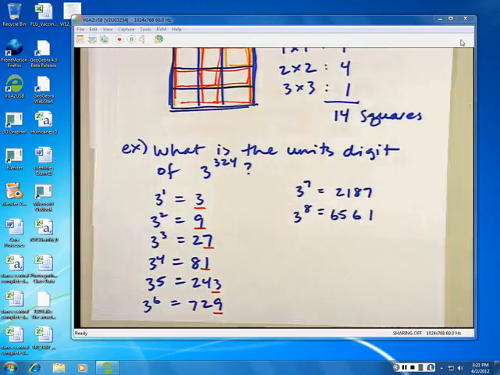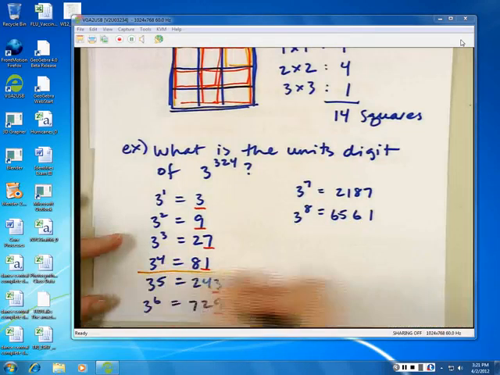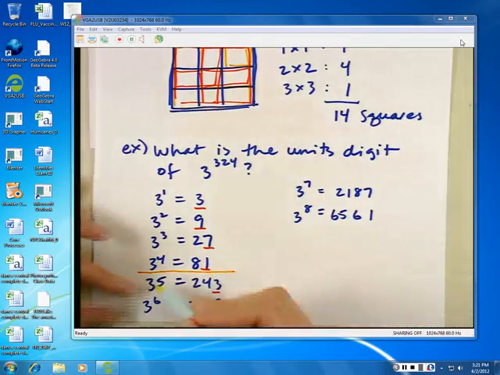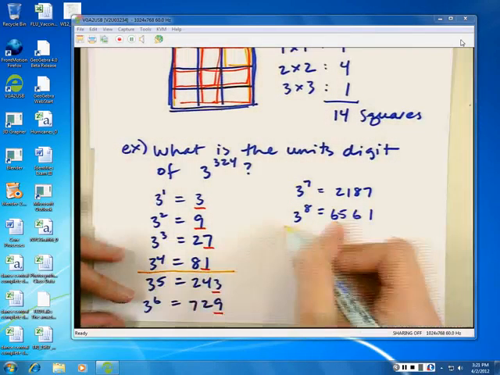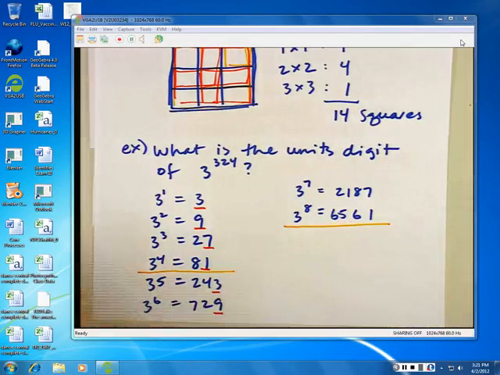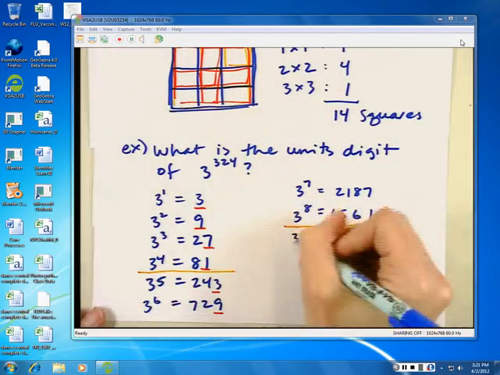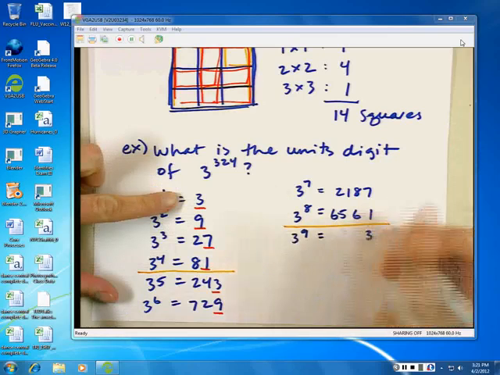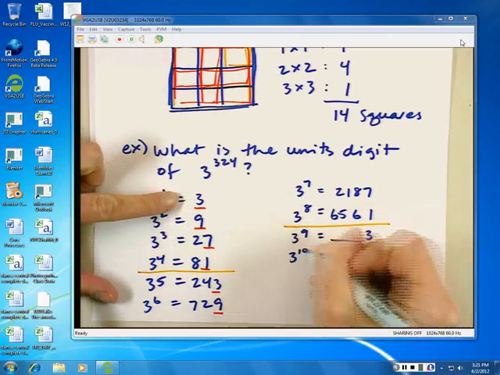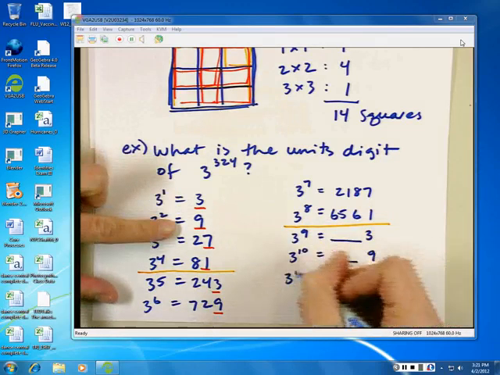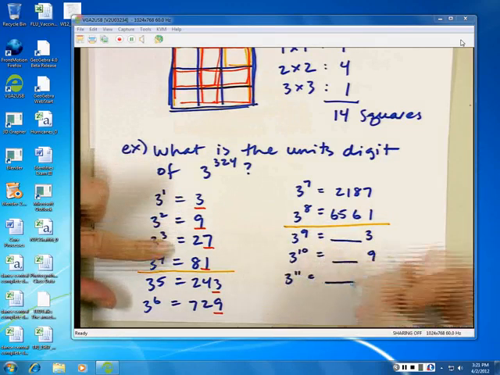So my pattern then is in groups of 4. 3 to the 1st through 4th power: 3, 9, 7, 1. 3 to the 5th, 6th, 7th, and 8th: 3, 9, 7, 1. So that ends in a 1. So 3 to the 9th must end in a 3. 3 to the 10th must end in a 9. 3 to the 11th must end in a 7.